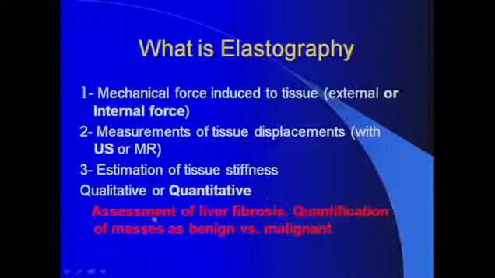Basically, what we're trying to do in the liver is assessment of liver fibrosis, based on the data published in Europe, and in the United States, it sounds like there's a future for evaluating the degree of liver fibrosis. Unfortunately, quantification of masses as benign versus malignant in the liver is quite limited, and there's not enough data to support its use.